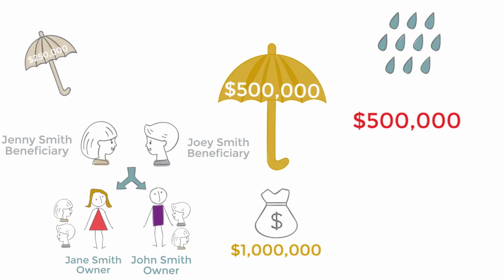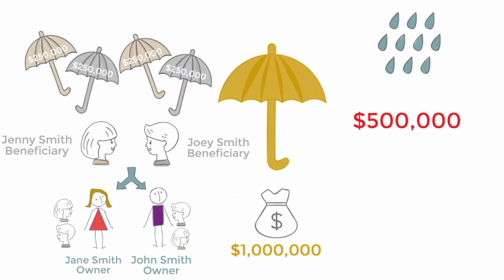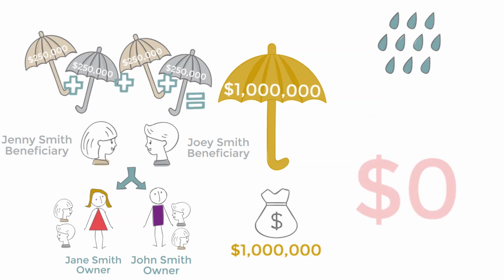So, Jenny brings $250,000 in coverage to Jane's portion of the funds, and also brings $250,000 in coverage to John's portion. The same goes for Joey's insurance coverage. Adding the individual coverages together, we can see that is how we get to the full $1 million balance being insured, leaving nothing out in the rain.